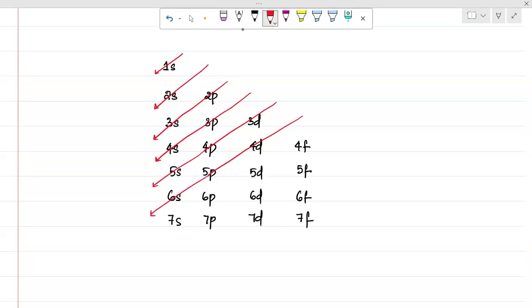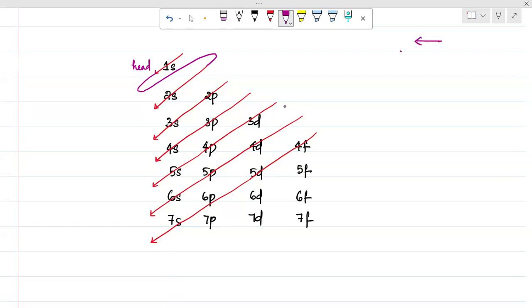Make diagonal strokes, and then you can connect them. Once you have made diagonal strokes, you can continue. I'm just stopping it over here. Then you connect the head of the arrow with the tail of the next. This is the head of the arrow where the arrow mark is, and this is the tail. I hope you know that.